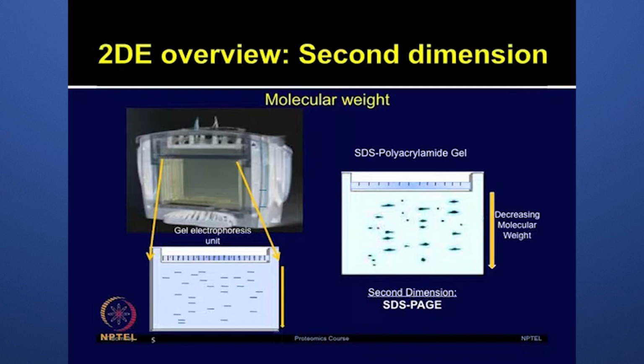Now, as you can see in the slide, you can separate the proteins in two dimensions, based on two different properties: isoelectric point and molecular weight.